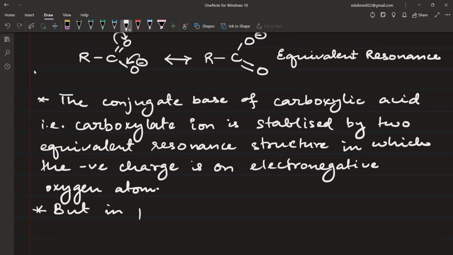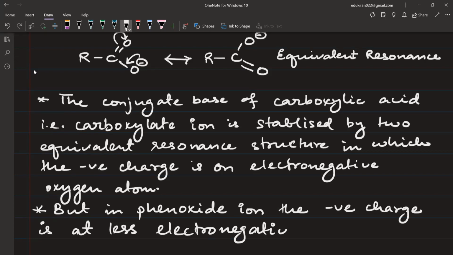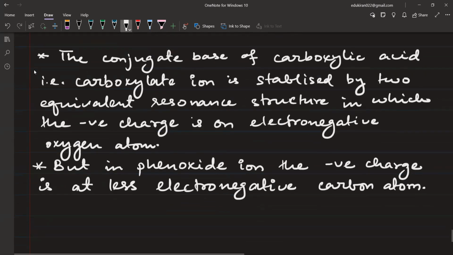But in phenoxide ion, the negative charge is at less electronegative carbon atom.